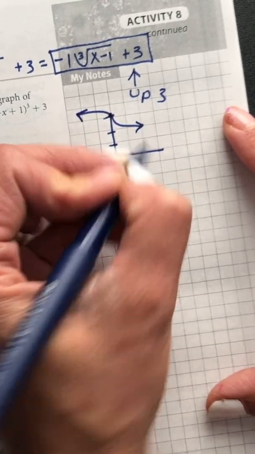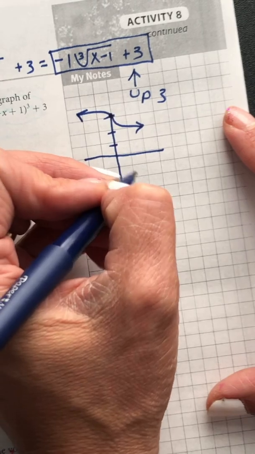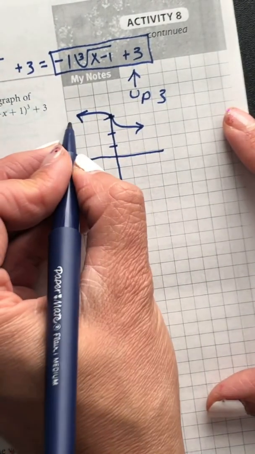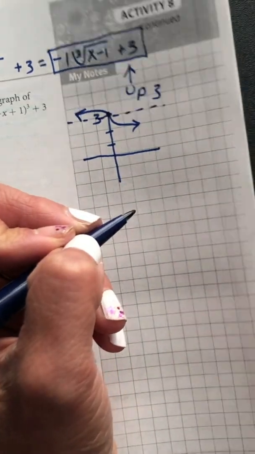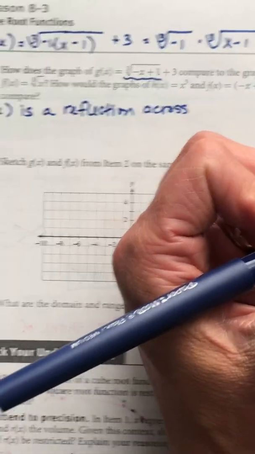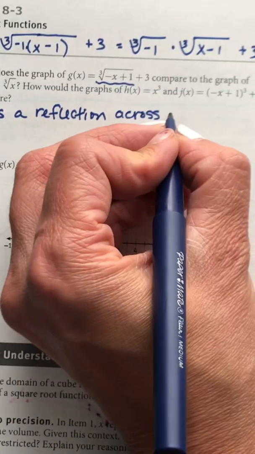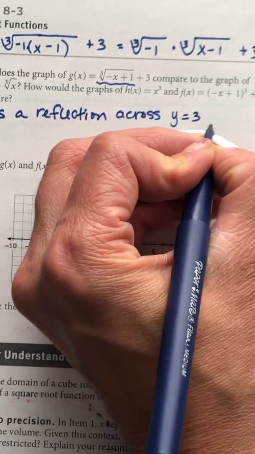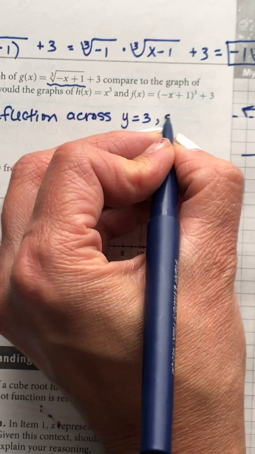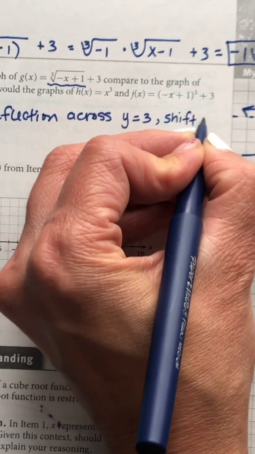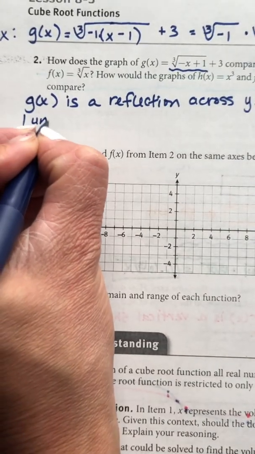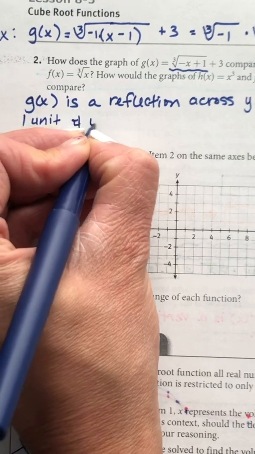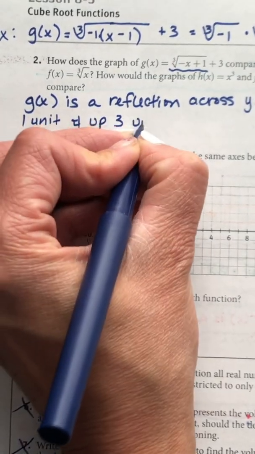I'm like, how do I flip it in my brain? So it's going to be up there. So it's reflecting across this imaginary line, and that's a y value of 3. So it's reflecting across y equals 3. So it is a reflection across y equals 3. Shift right 1 unit. And up 3 units.